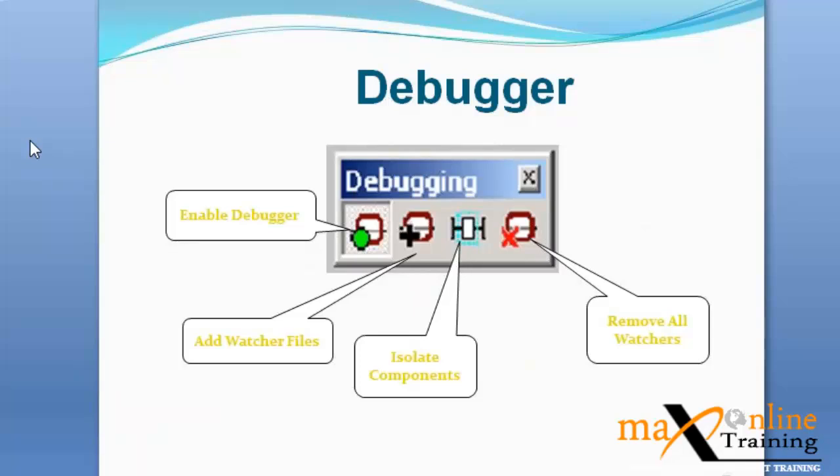So when you want to create a watcher file and check what is happening when your graph is executing, you have to first enable the debugger, and then you can add watcher files using the second icon on top of any flow where you want. Okay, so you can put a component on any flow that can be used to view the data which is passing on that particular flow. We'll see about the other options also.